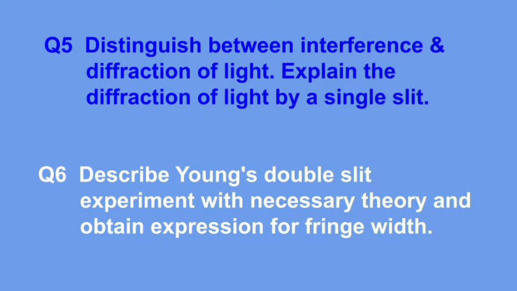For the second part, that is for fringe width, draw another diagram showing path difference between two superimposing waves from the slits, forming a fringe on screen at some distance from the central point.